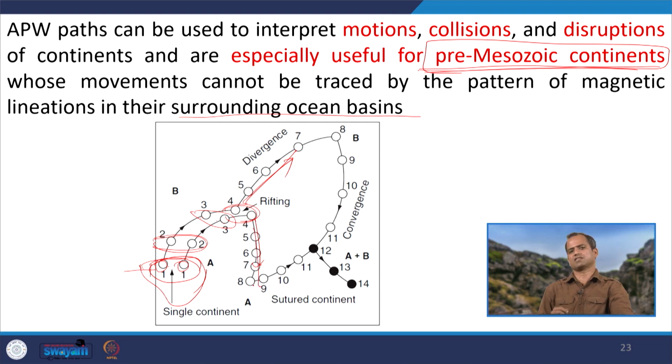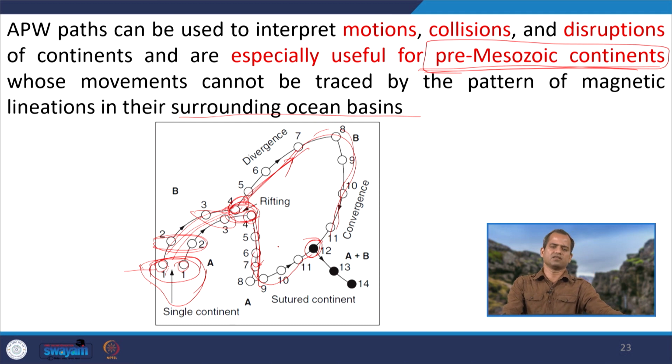What can I say? Here the rifting starts, isn't it? Up to this latitude, longitude, the motion was together. However, from here it becomes a separate basin, and the two moved independently in opposite directions. After some millions of years, after movement here and there, at this point again they are colliding, because their latitude, longitude is the same.